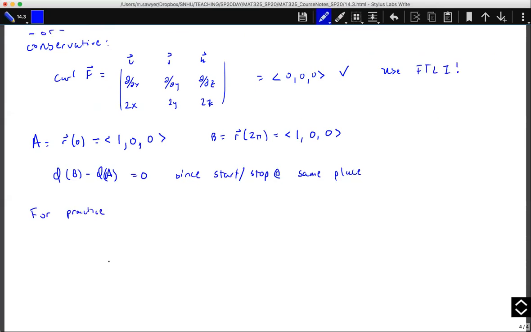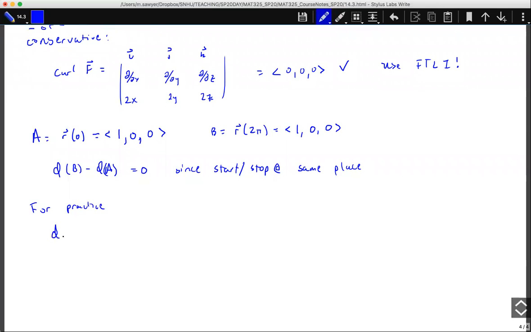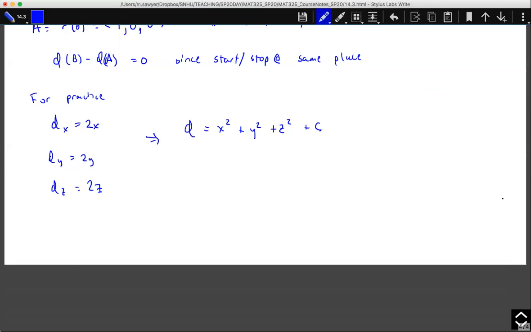If we were calculating our phi, phi sub x equals 2x, phi sub y equals 2y, phi sub z equals 2z. So this means that phi has to equal x squared plus y squared plus z squared plus some constant. So again, if I substitute in my A and my B, I do the subtraction, I get 0. So as always, if you have questions, please let me know.